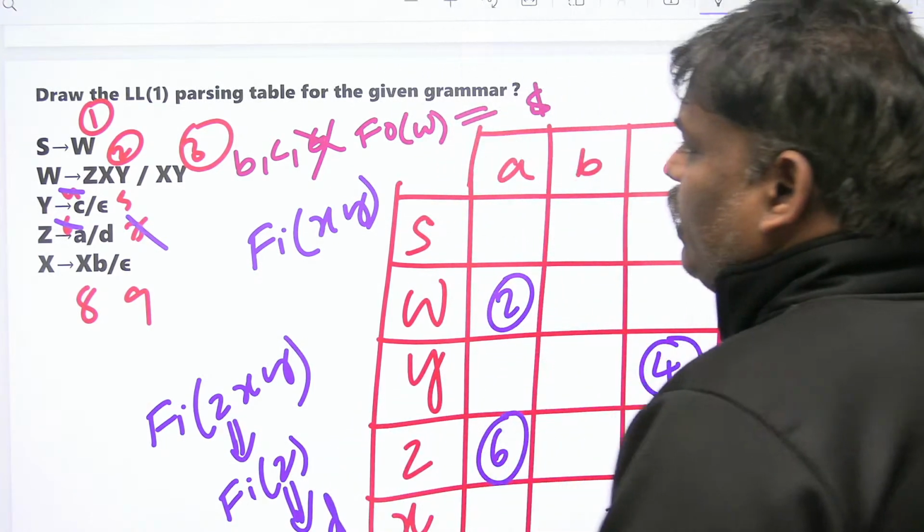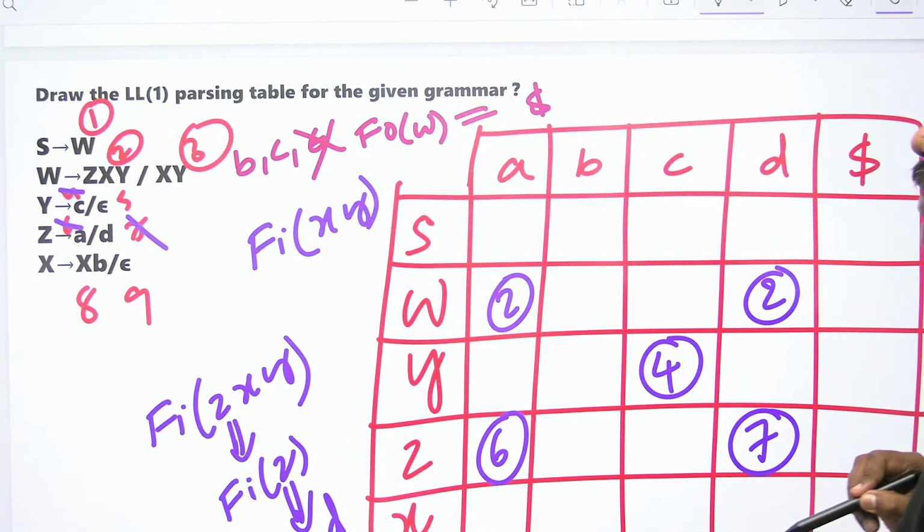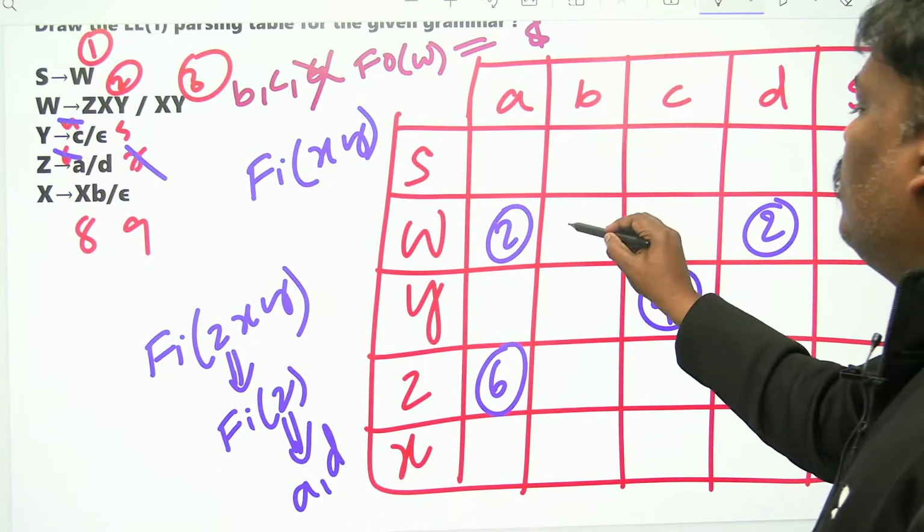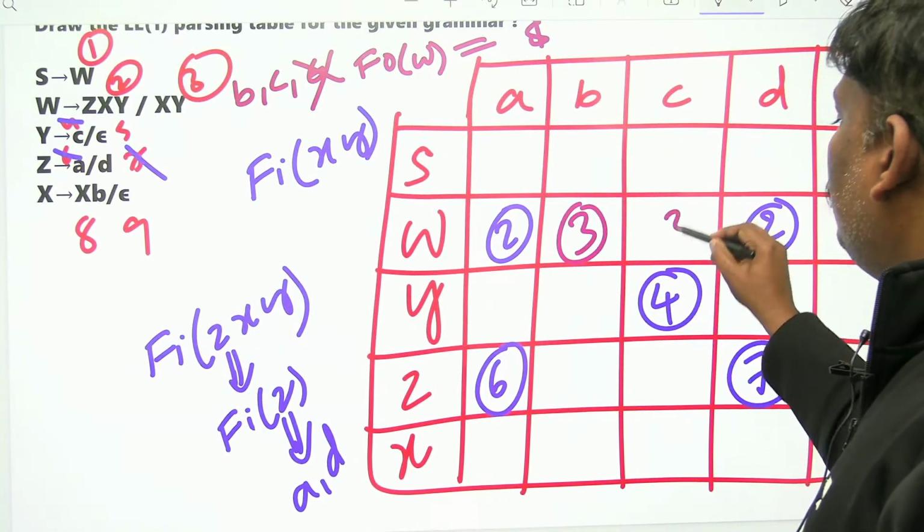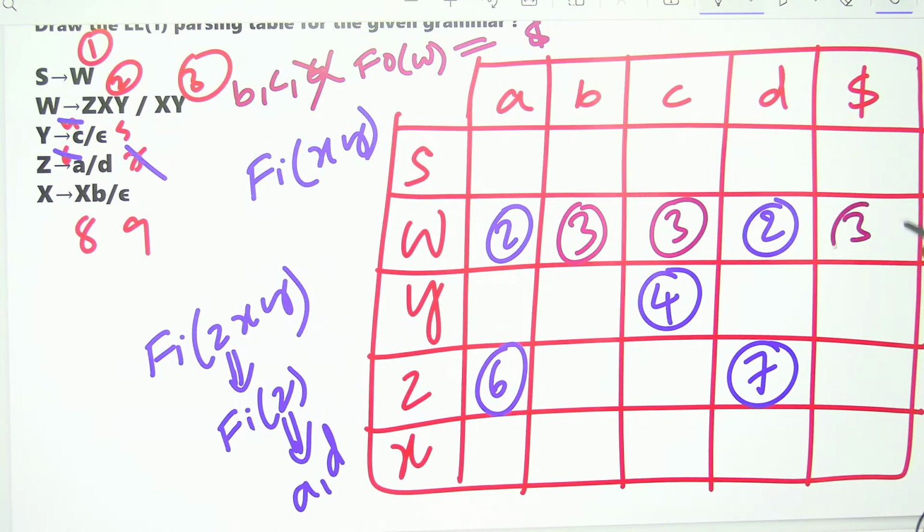So finally, remember, the third production goes to B. Because of epsilon, it goes to C. Because of epsilon, follow of W, which is follow of S, which is dollar. So the third production goes to W row, and the columns are BC dollar.